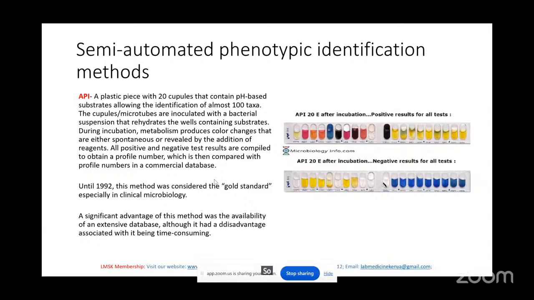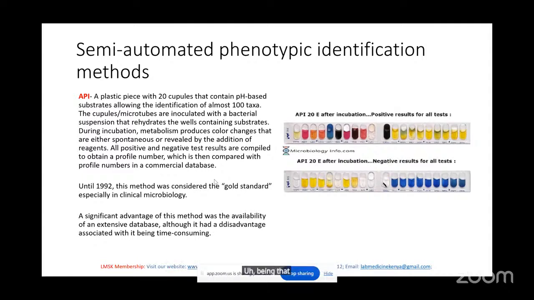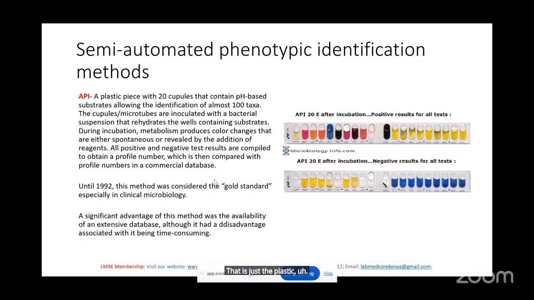Until 1992, this method was considered the gold standard, especially in clinical microbiology. It has a significant advantage, being that it had an extensive database, although it had a disadvantage of being time-consuming. Your API, you can see on your right-hand side, is just the plastic piece with the 20 cupels.